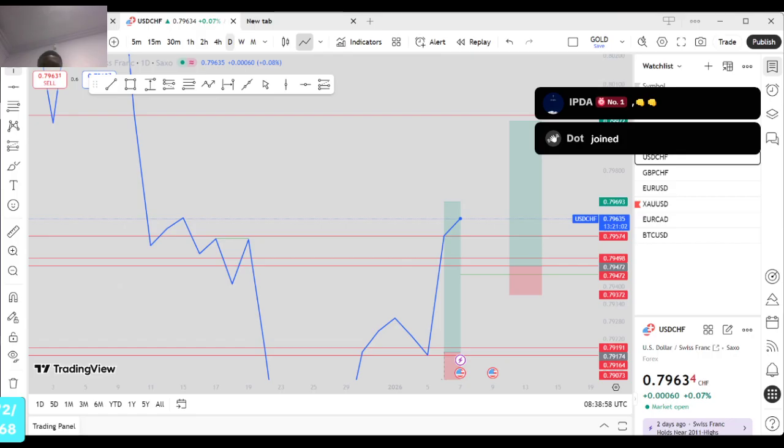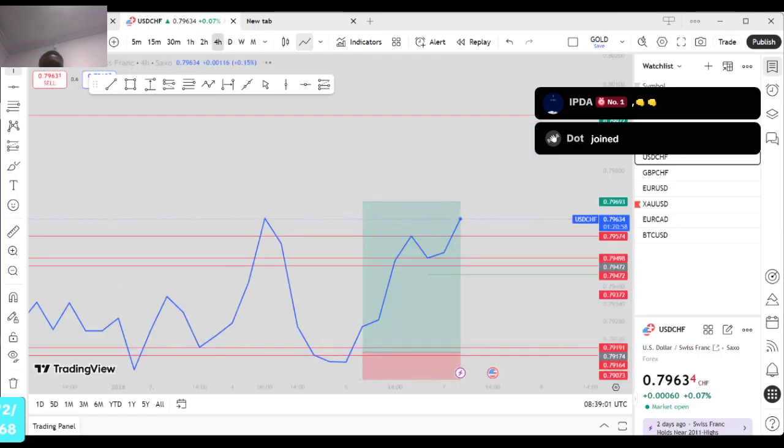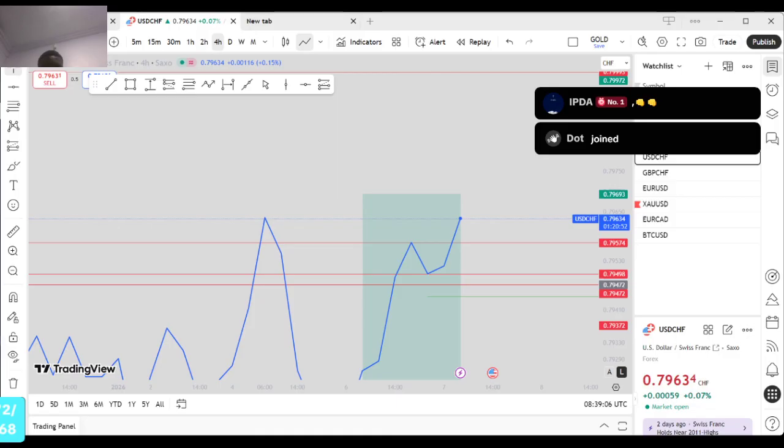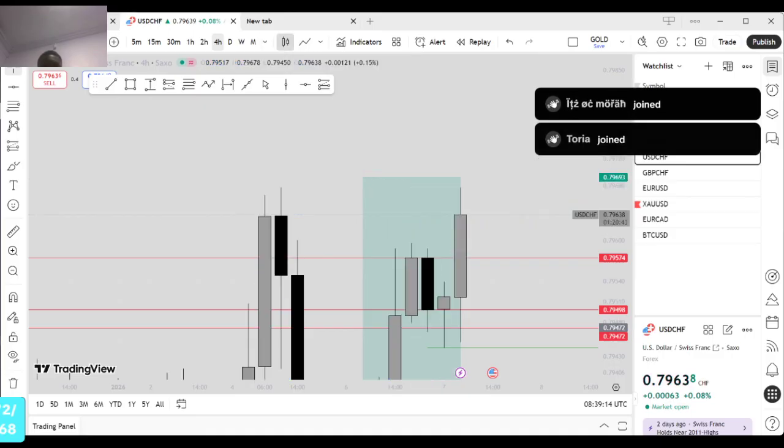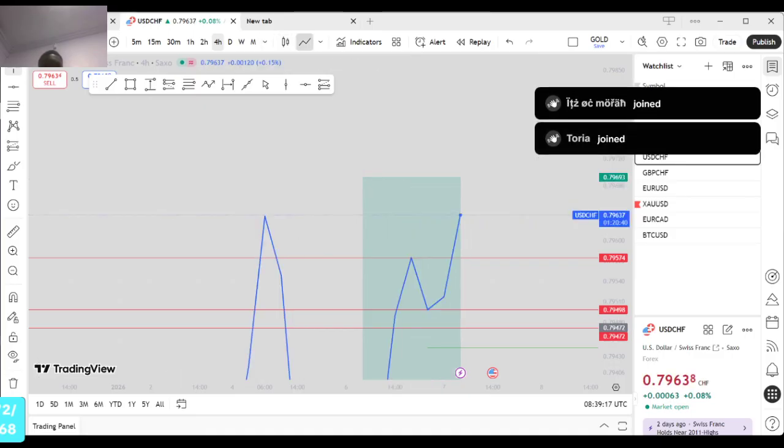Then I'll go to my 4 hours candle to find out if it has broken structure, and you can clearly see that the 4 hours has broken structure from this level here. That's a clearer confirmation for me that I'm going to be bullish on this particular pair today, right?